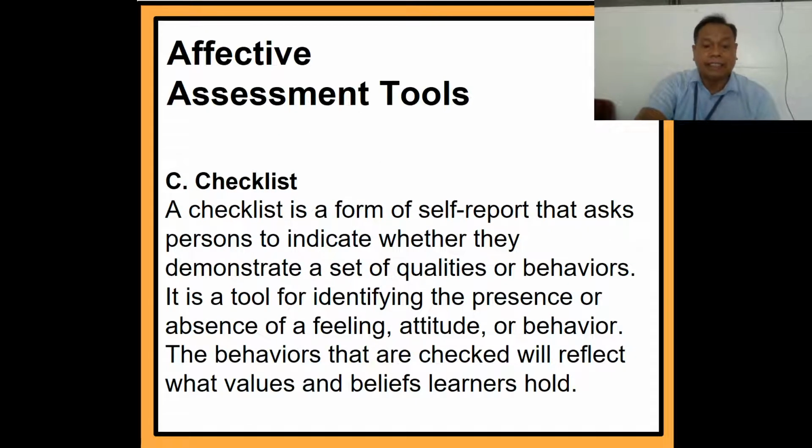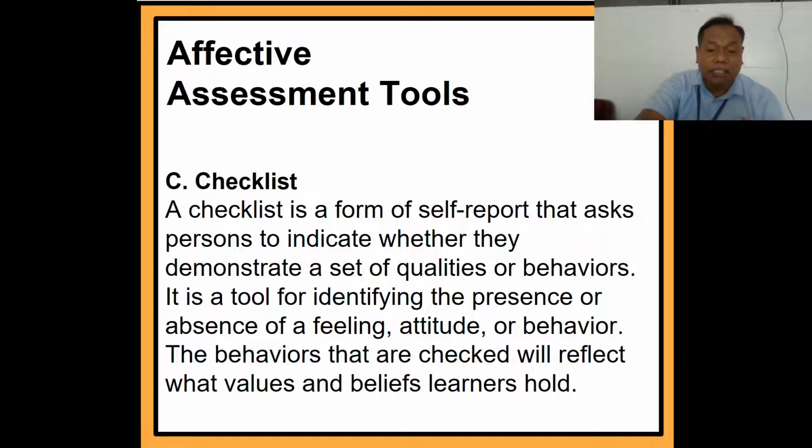The checklist is the third self-report inventory. It asks people to indicate whether they demonstrate a set of qualities or behaviors. It is a tool for identifying the presence or absence of a feeling, attitude, or behavior.